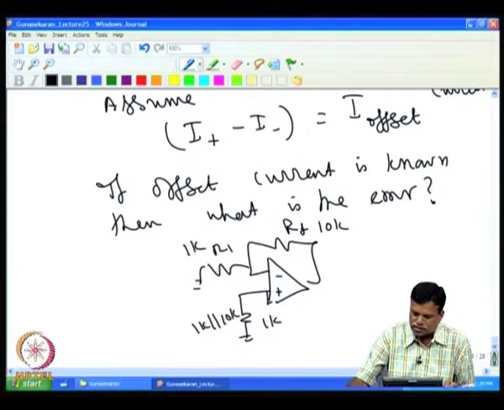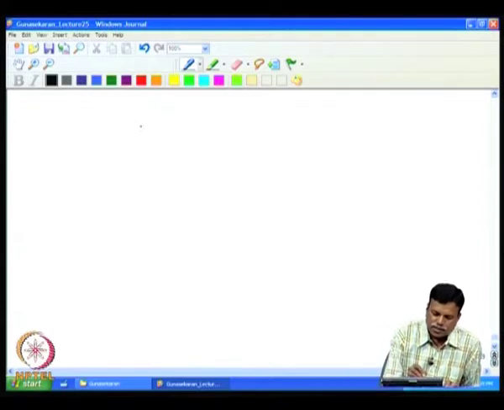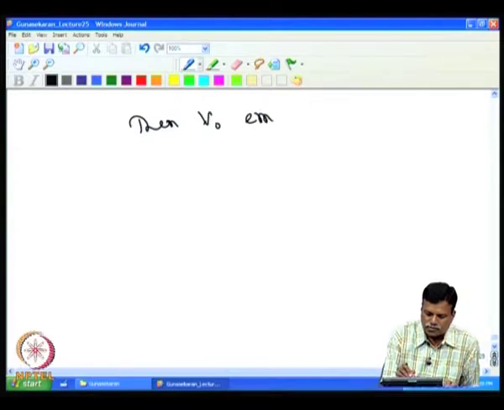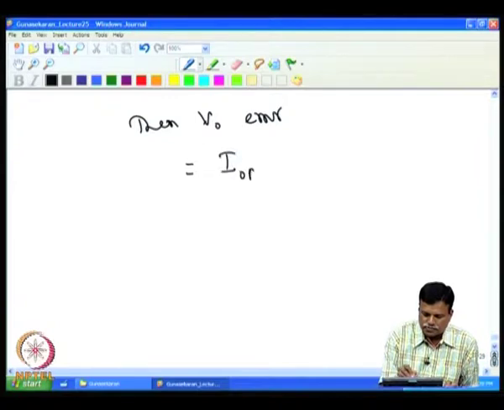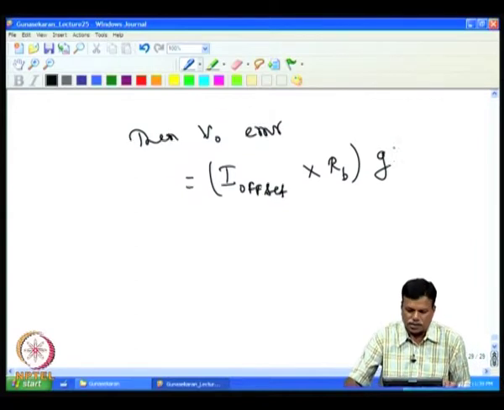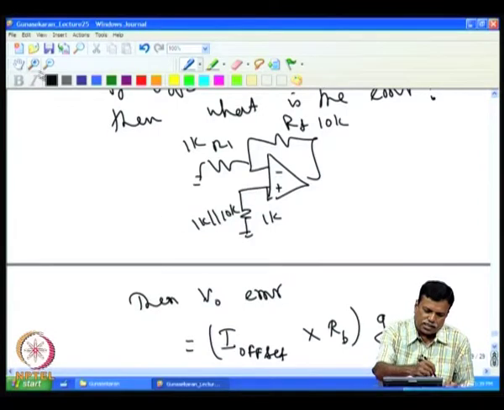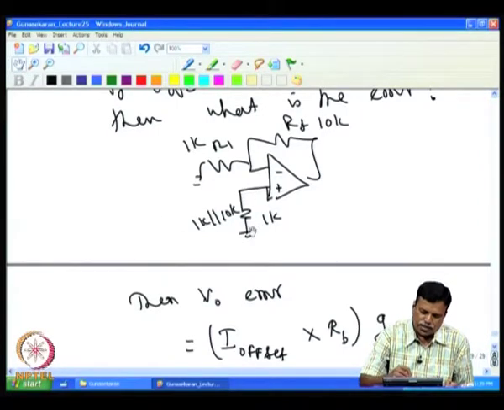If offset current I offset is there, then the extra error that is coming here would be V output error is equal to I offset into RB into gain, because we can assume that the plus current is more. One easiest way of solving this would be to assume this current is more and this current is less.